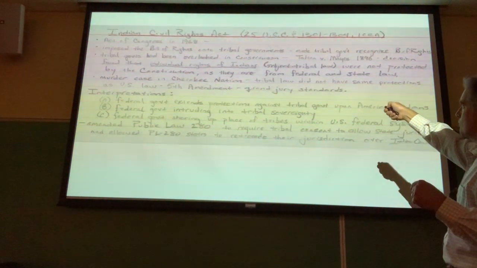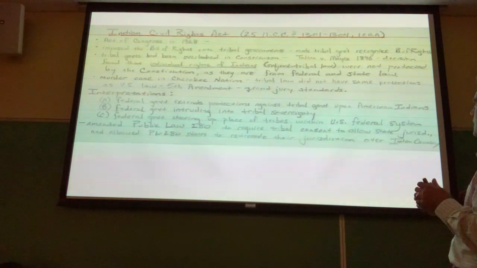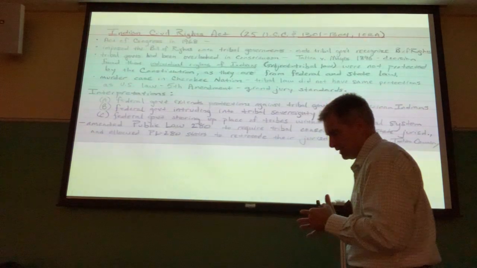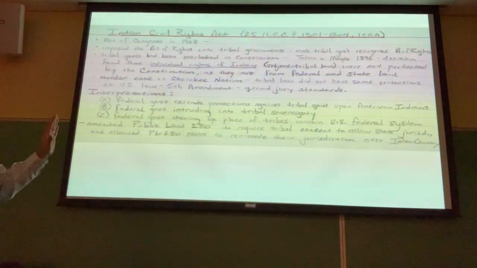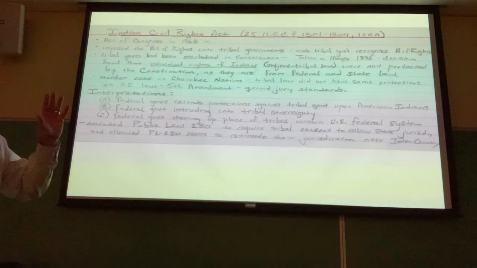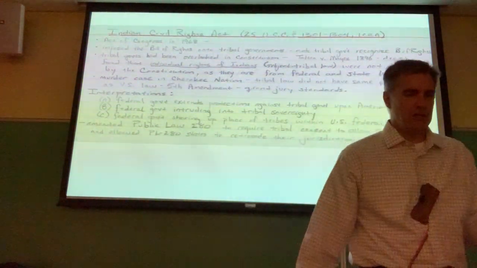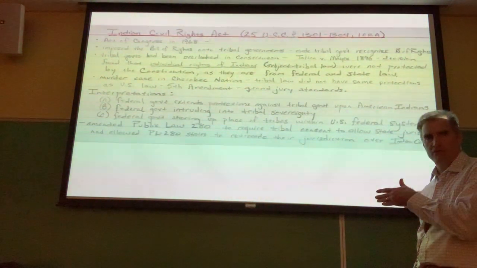Now, it was largely the result of this case, Talton versus Mays, in 1896. Okay, so this is another one of those where there was a Supreme Court decision, and then it kind of went dormant, and then it was kind of rediscovered.